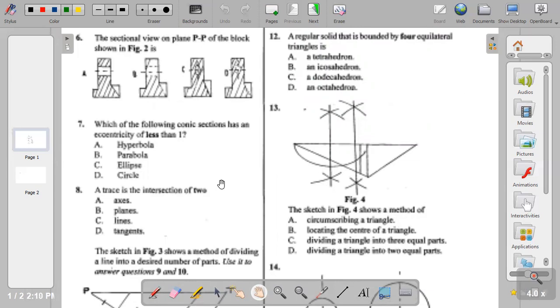And when it is more than 1, that is hyperbola. So to question 7, the answer is ellipse. Question 8. A trace is the intersection of 2 A, axes, B, planes, C, lines, D, tangents. A trace is the intersection of 2 planes.